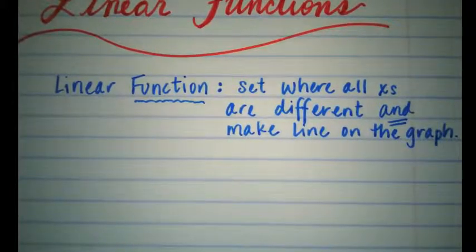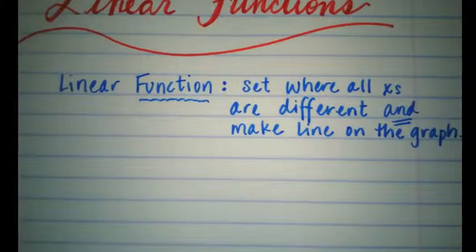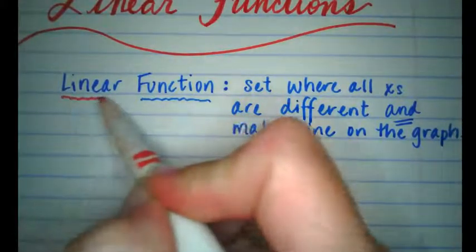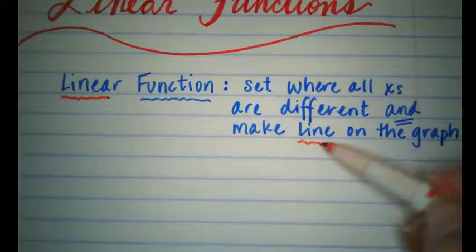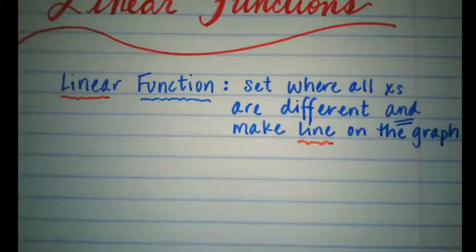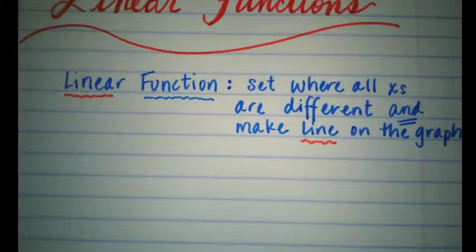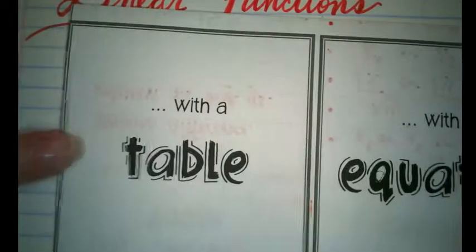So what we looked at on the foldable is if we have a graph, it's easy to see that a linear function is a linear function because on a graph we would have a straight line. We also looked at how to identify with a table.